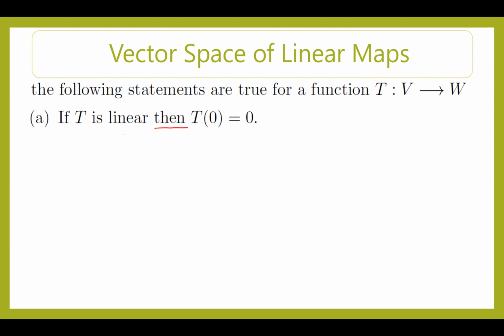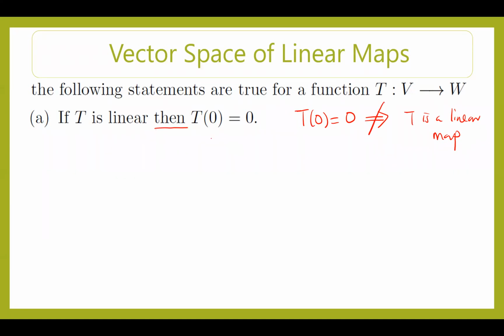It says if T is linear, then T of 0 is 0. This doesn't say that if T of 0 is 0, then T is linear. Be very, very careful. T of 0 equal to 0 does not necessarily mean that T is a linear map. If T of 0 is 0, you could end up having T be a linear map, or you could end up having T not be a linear map. But if T is a linear map, then T of 0 is 0.